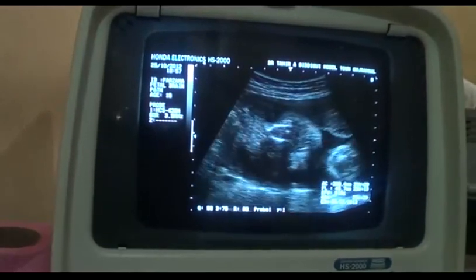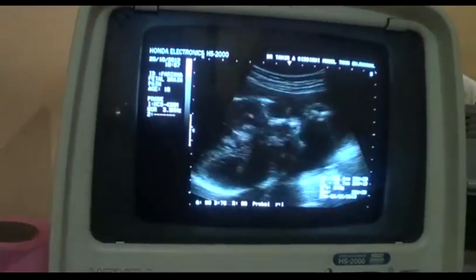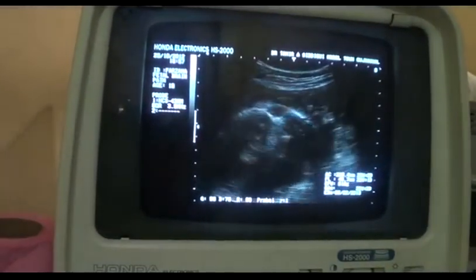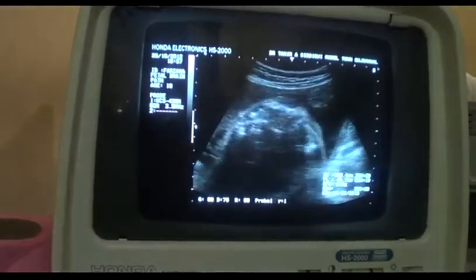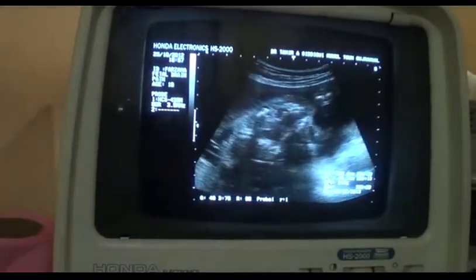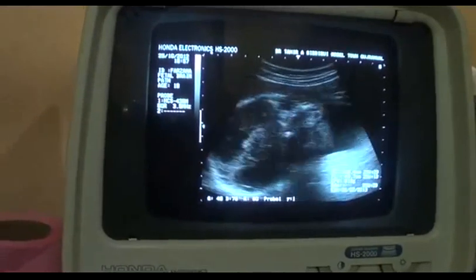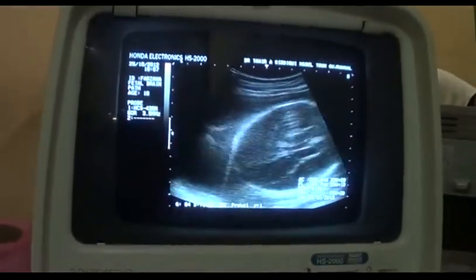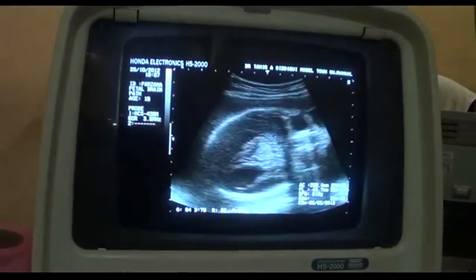Now let's concentrate on the facial structures, facial region. Now you see here the cortical mantle is preserved in this case.